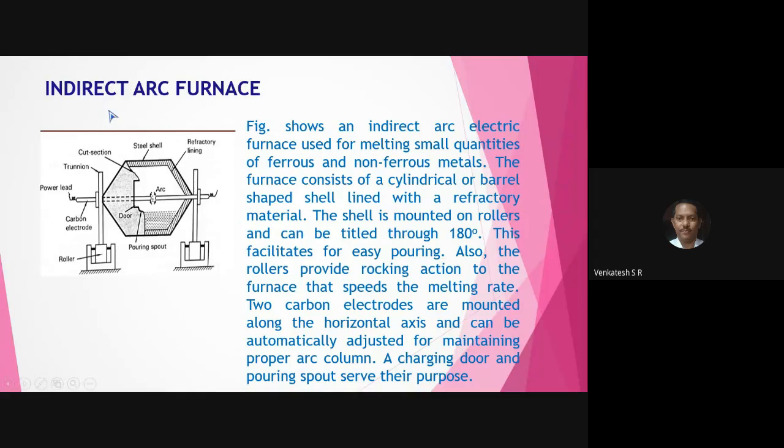Indirect arc furnace. All of you, please draw the rough diagram. Now you write down the explanation.